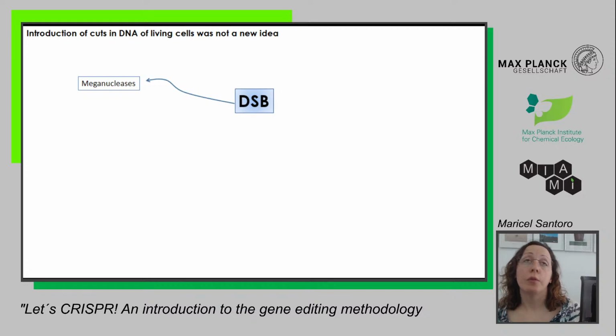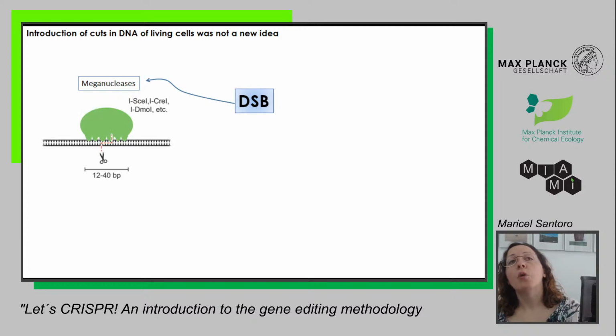Meganucleases are like restriction enzymes, but they recognize very big sites to cut. They are usually present one time in the genome, and they have to be present in the gene that you want to modify. So there is some limitation in the applications that we have.